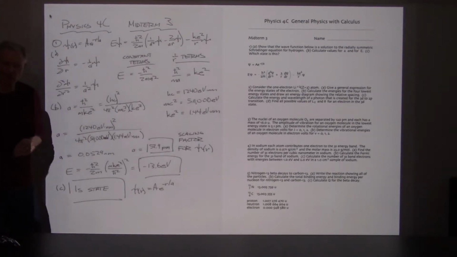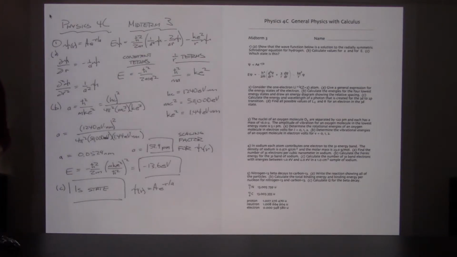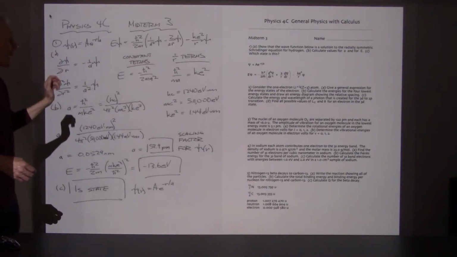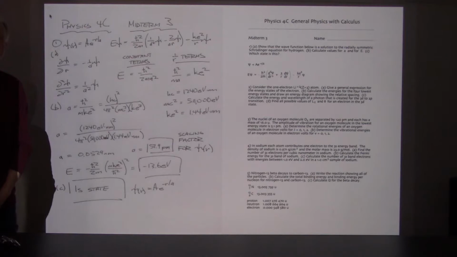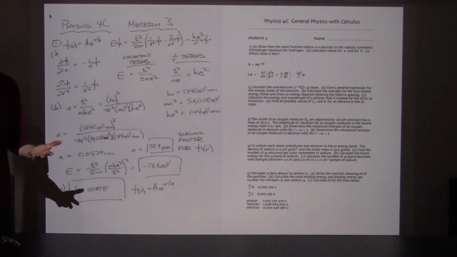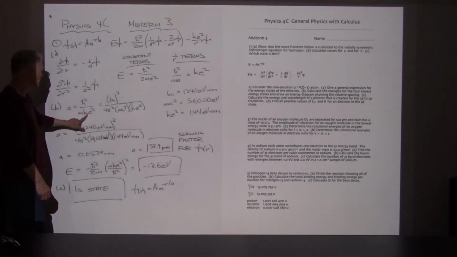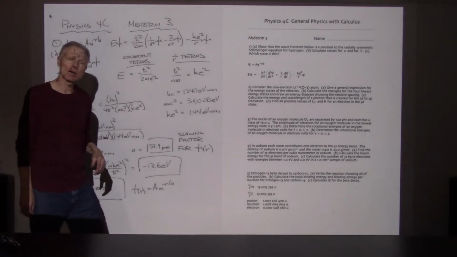Now, what's kind of interesting here is what happens if, in nature, the electric force were stronger? What if the electric attraction between the proton and the electron were a larger value? What effect would that have on our wave function? If k were larger, a would be smaller, and this is telling us exactly by how much.